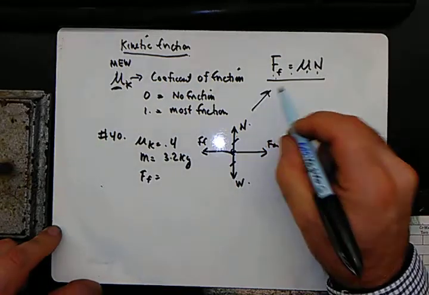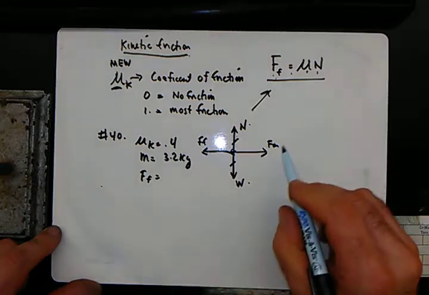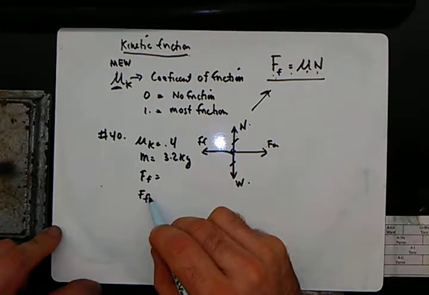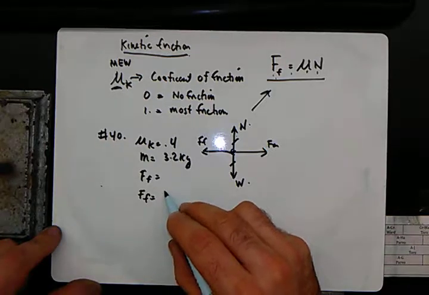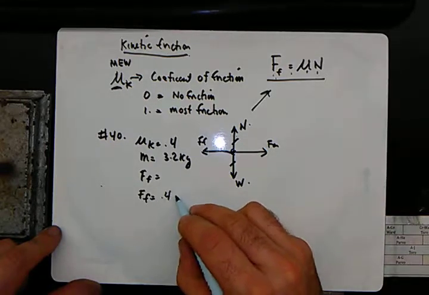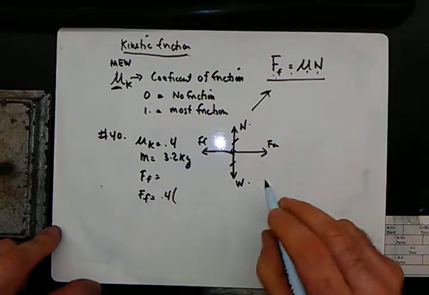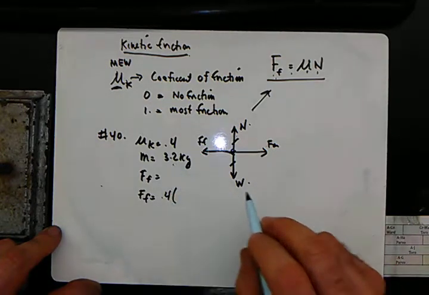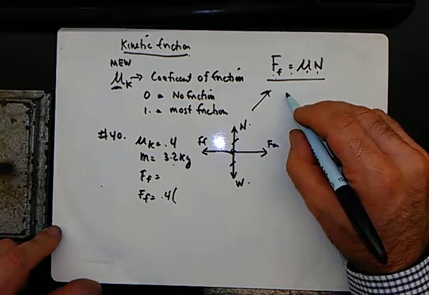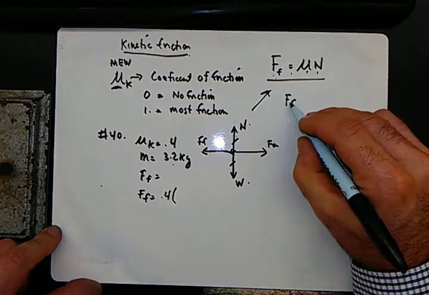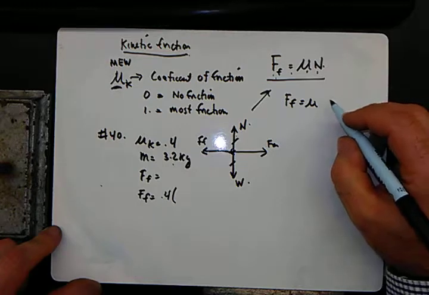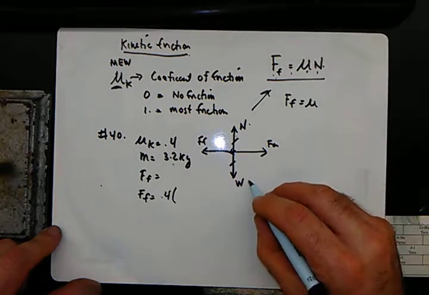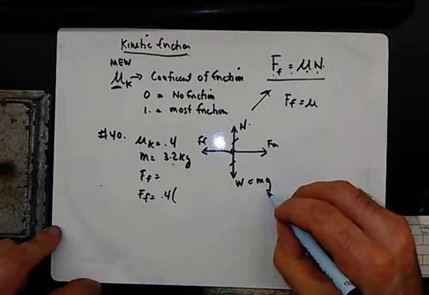So we've got this formula: force of friction is mu N. Mu we got is 0.4. N, well, we don't have that yet, so let's find out what N actually is. The weight is equivalent to the mass times the gravity.